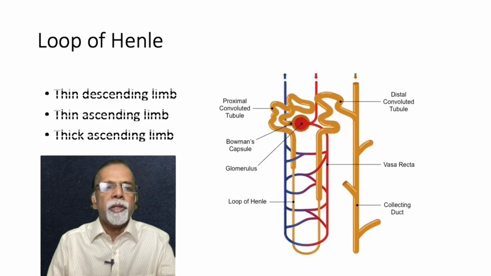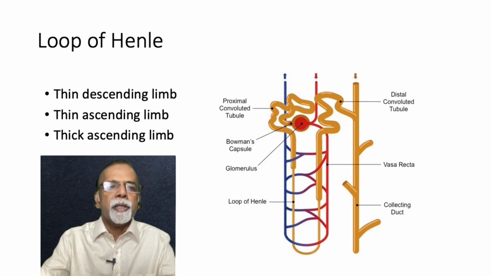The loop of Henle we have discussed. It has a thin descending limb, a thin ascending limb, and a thick ascending limb, which continues as the distal convoluted tubule.